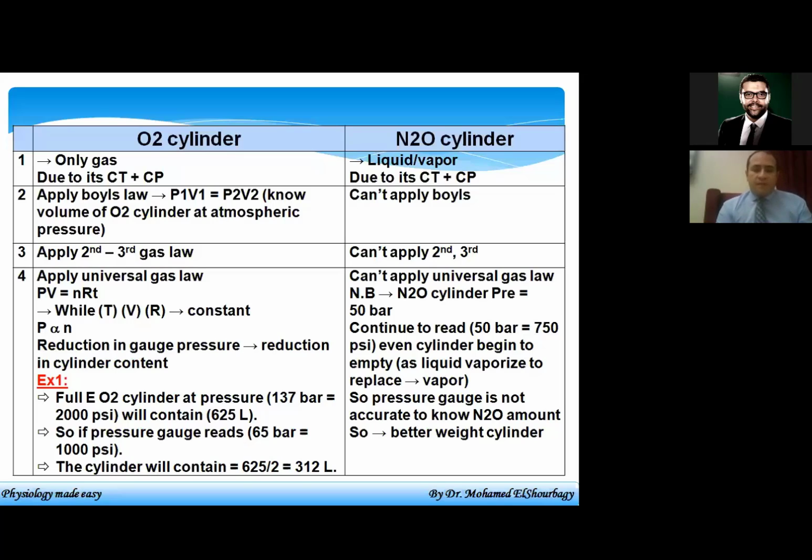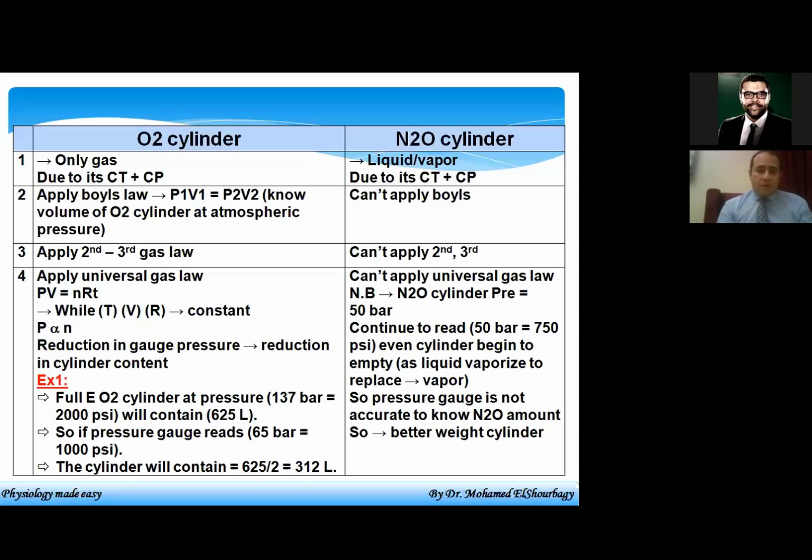But the nitrous cylinder will be liquid and vapor at room temperature, due to its critical temperature and critical pressure. At room temperature, 20 degrees centigrade, it is below the nitrous critical temperature, 36 degrees centigrade, so surely it will be liquid or vapor.